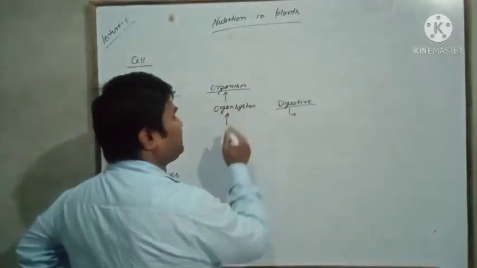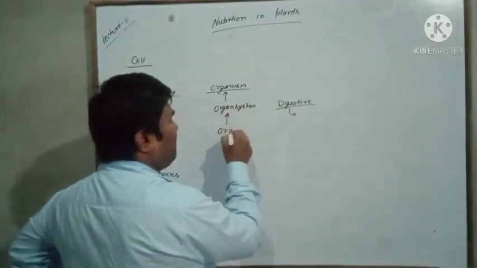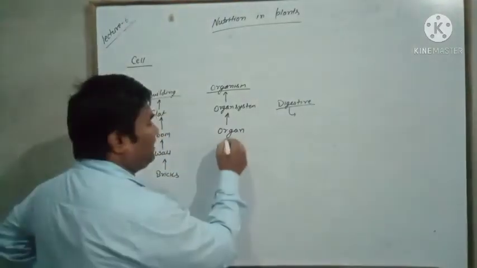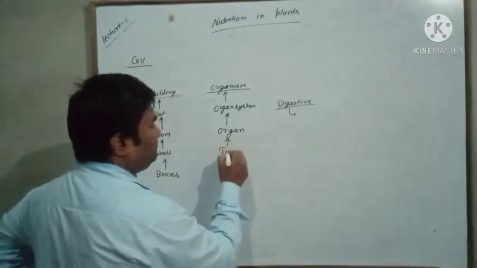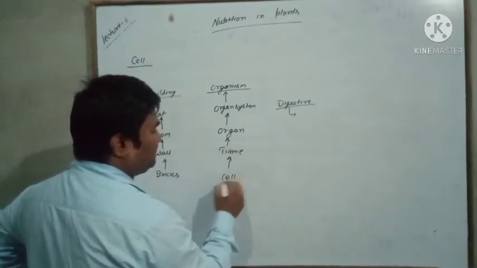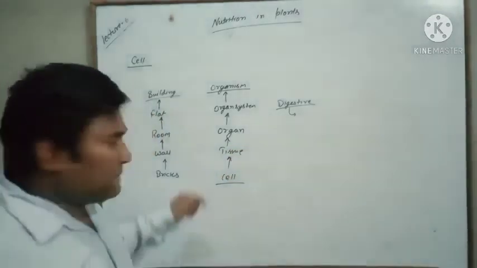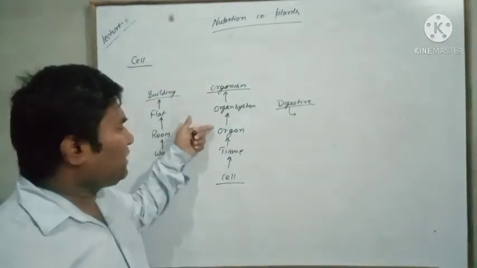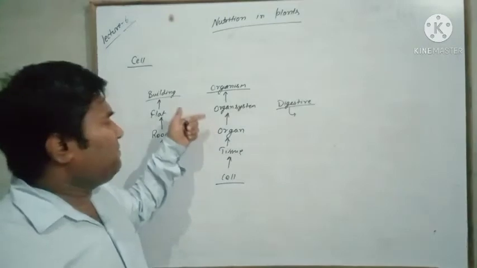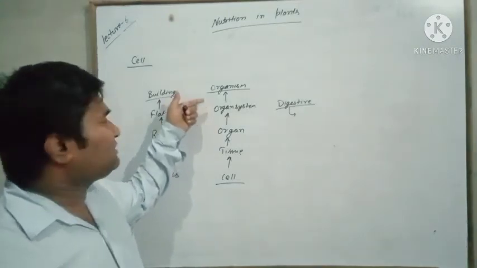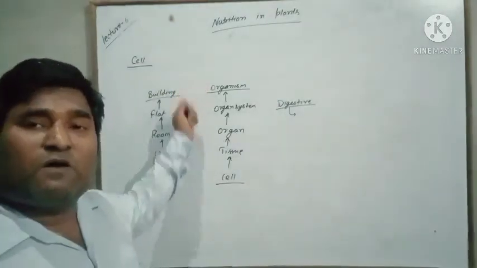So an organ system is made up of organs, organs are made up of tissue, and tissue is made up of cells. Many cells join together to form tissue, tissue joins together to form an organ, many organs together form an organ system, and many organ systems make the organism.